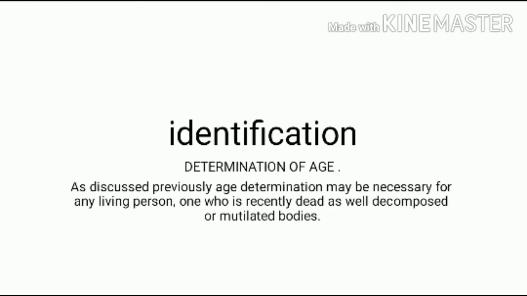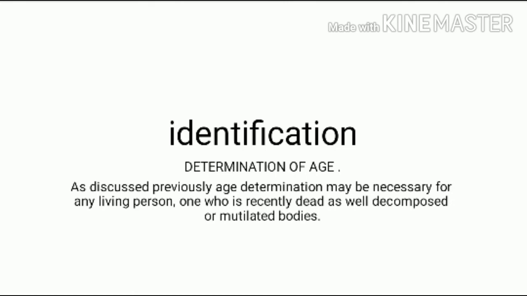Regarding the temporary teeth, suppose you are seeing a child and trying to determine the age from the dentition, then you must be able to identify which type of tooth it is, whether it is an incisor or a canine. Only then will you be able to determine what age this child belongs to.